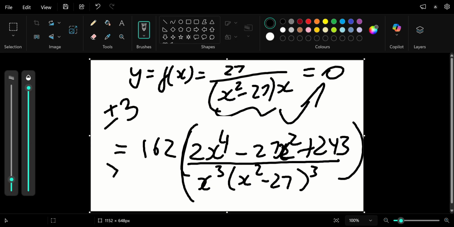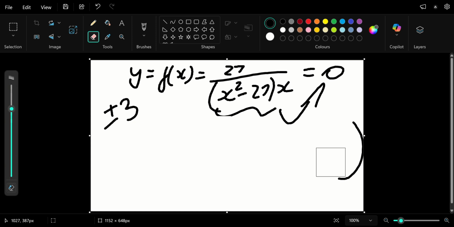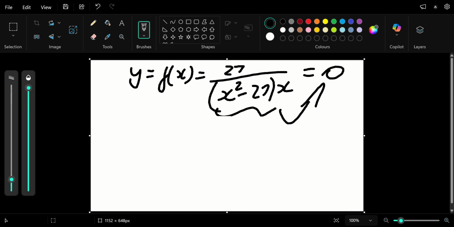Now, if you chose this long-winded method, all you have to do is substitute the numbers plus and minus 3. See if your answer is greater than or less than 0. You can pause the video now and do that if you wish.